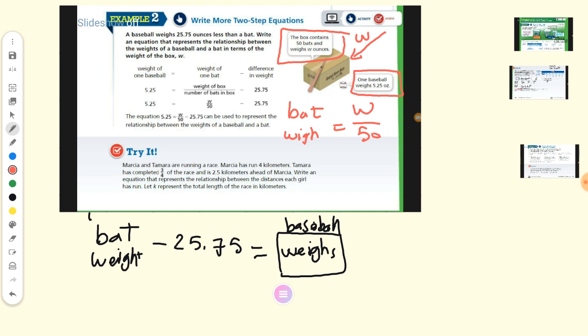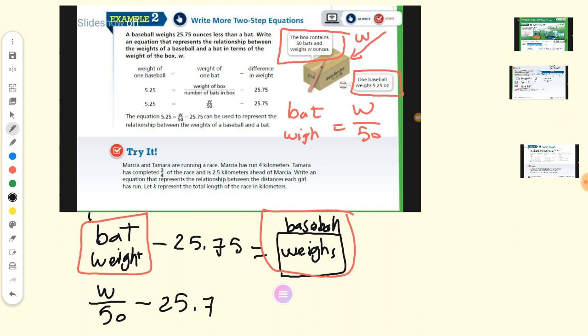So instead of writing the letters here, I will put what I wrote now. Bat weight, which is W over 50, minus 25.75 equals what? The baseball weight, which is 5.25.